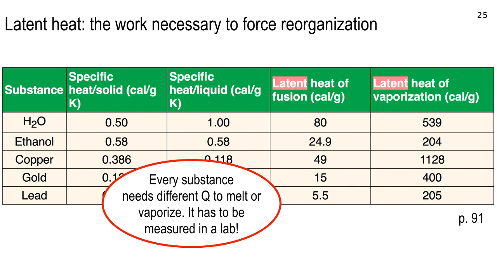Way less than melting ice. Matter of fact, ice is the hardest thing on this list to melt. Look at lead, 5.5. That's the easiest of all, once you get it up to the melting point, all right? And lead's pretty easy to get up to the melting point, actually.